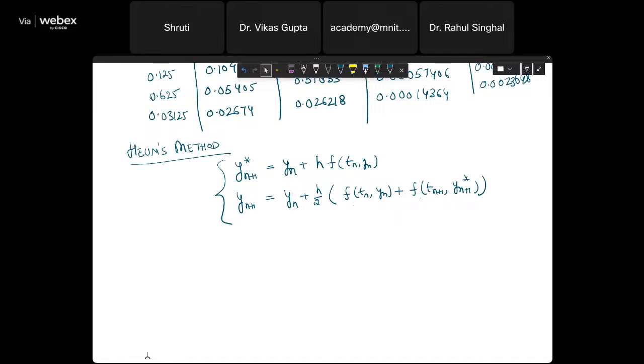So only one value from the previous step is used. But in a multi-step method, a very obvious question comes to mind: if we know the numerical solutions at all the previous steps, say y_0, y_1 up to y_{n-1} or up to y_n, can we use all this information for calculating the solution y_{n+1}?